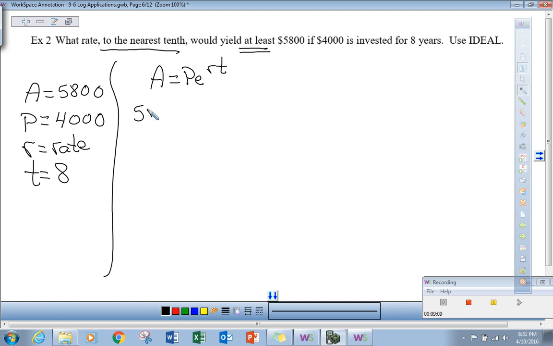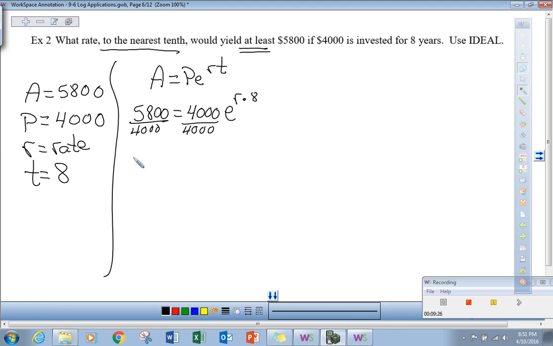So let's go 5,800 equal 4,000 e to the r times 8. I'm going to divide both sides by 4,000. And then you really know the next step. I'm going to take the natural log of it and divide it by 8.